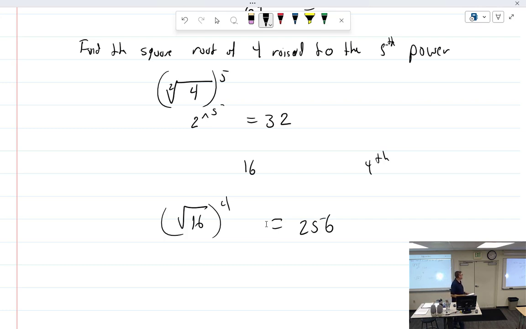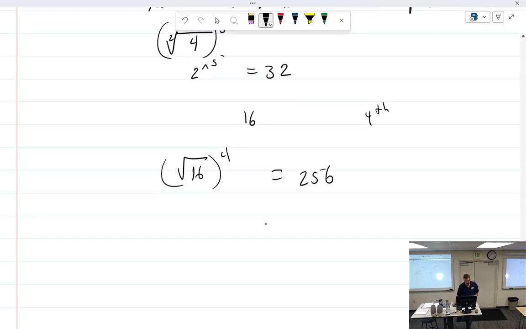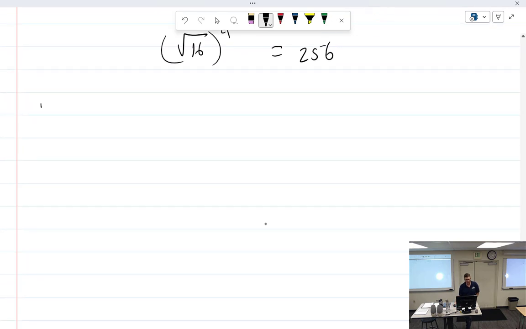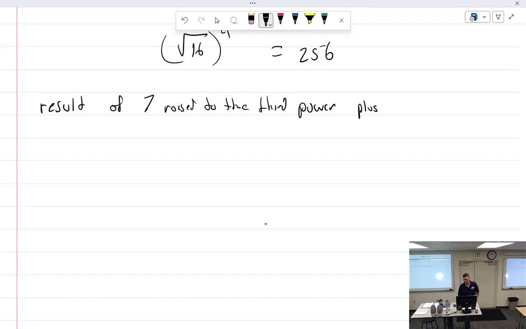The result of 7 raised to the 3rd power plus the square root of 39 is equal to 349.244.